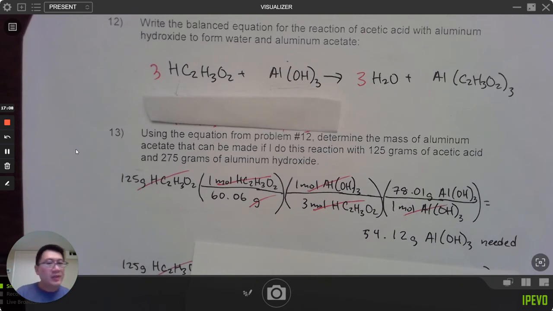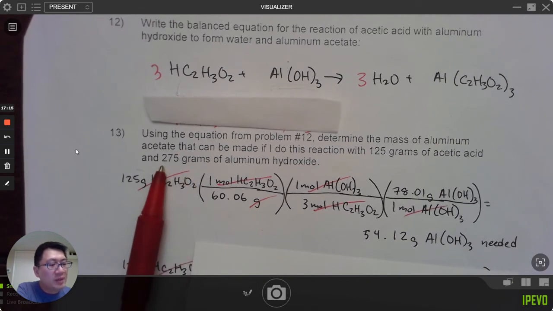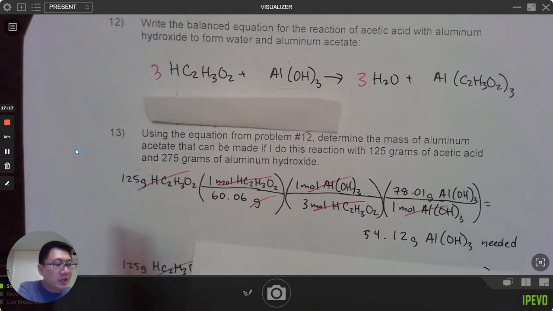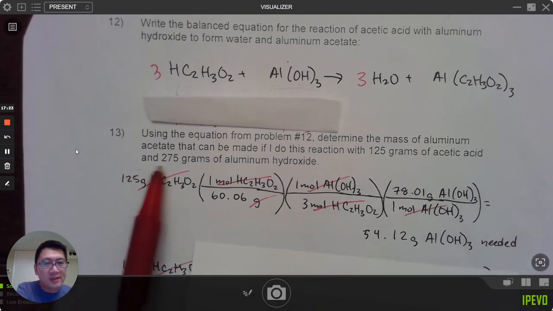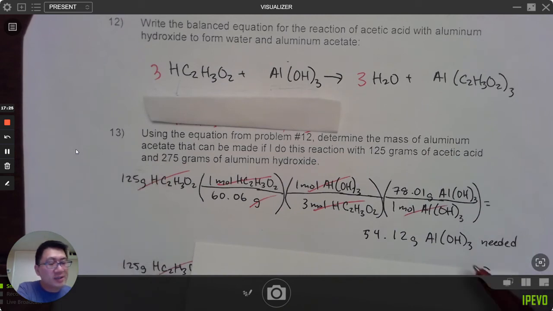So I need 54 grams of aluminum hydroxide. You have 275 grams. You need 54, you have 275. Does that mean aluminum hydroxide is a limiting or excess reagent?